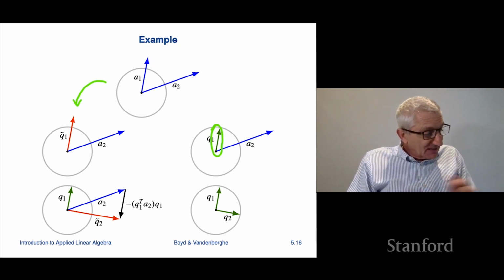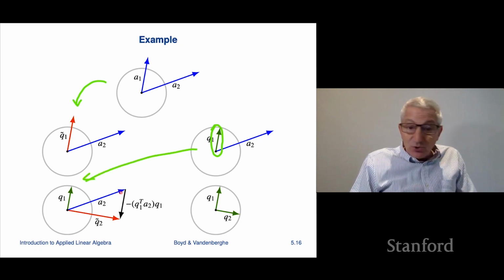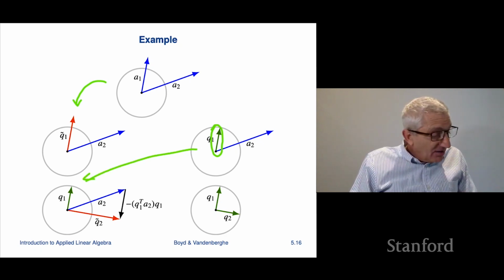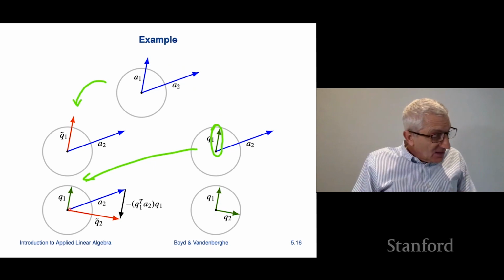Now it gets interesting, right? Because now we go over to here. And what happens is we take A2 and we subtract off from A2 a multiple of Q1 to make the result orthogonal to Q1. The correct thing to subtract is Q1 transpose A2 times Q1, and that's this vector here. And we end up with this red vector here, which is Q2 tilde.